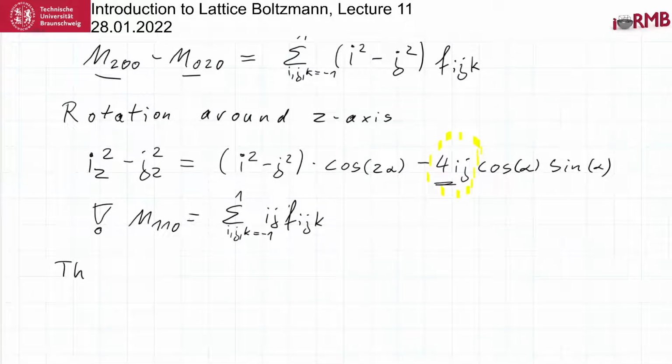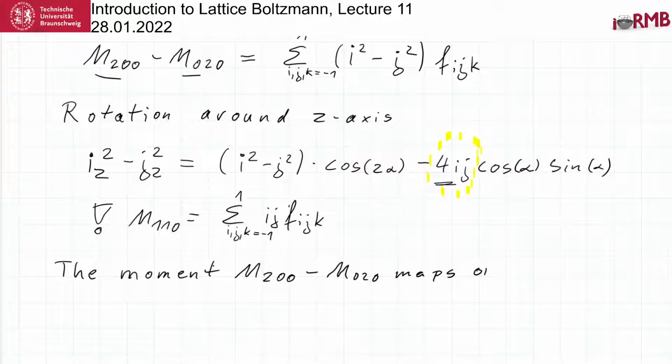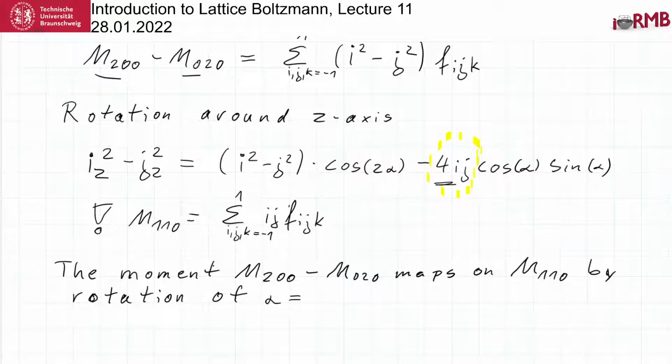So m200 minus m020 maps onto m110 by a rotation of, which would be alpha equals pi over four, a quarter pi.